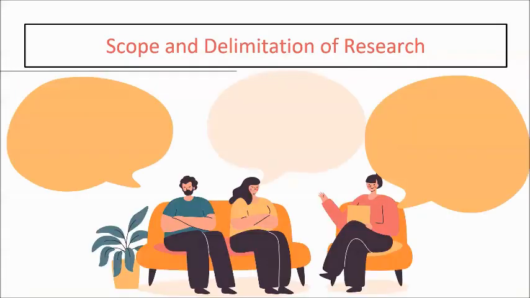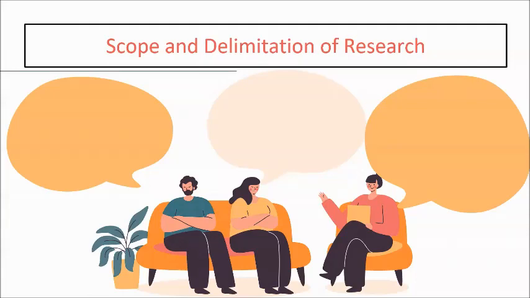Now let's discuss what we call scope and the limitation of research. This is another part of chapter 1 class. So how are we going to write scope and the limitation of research?